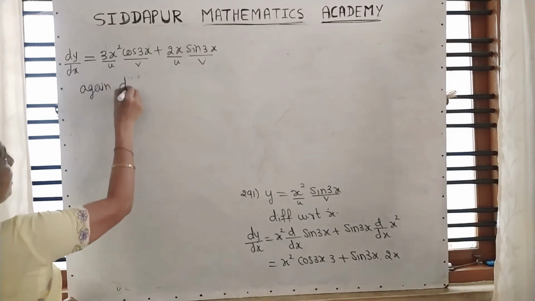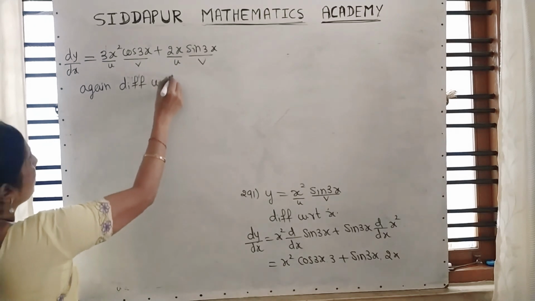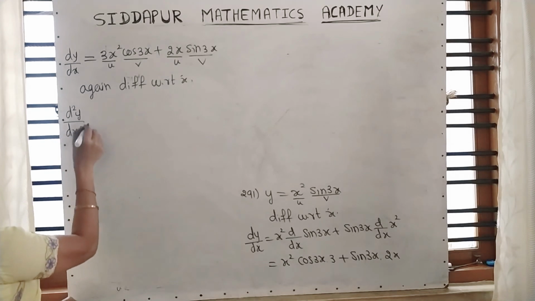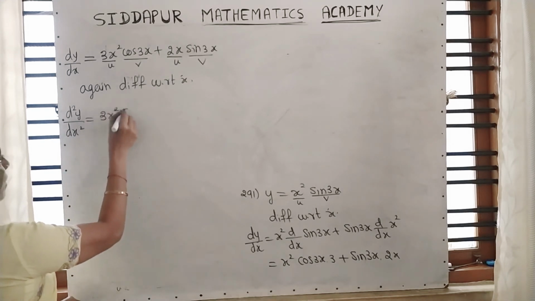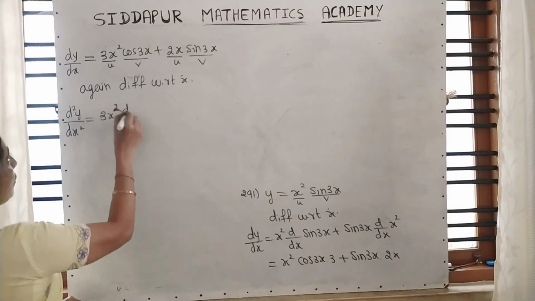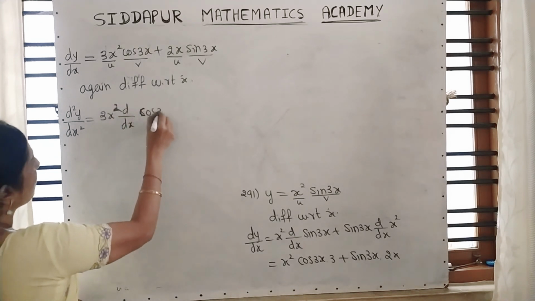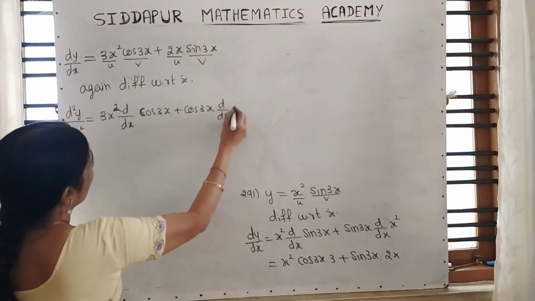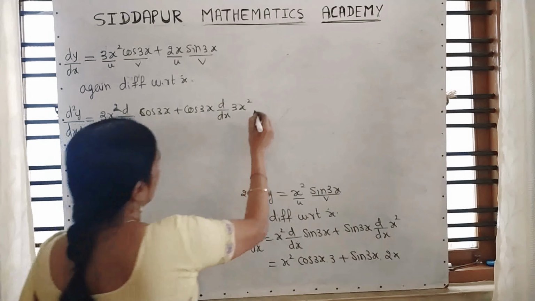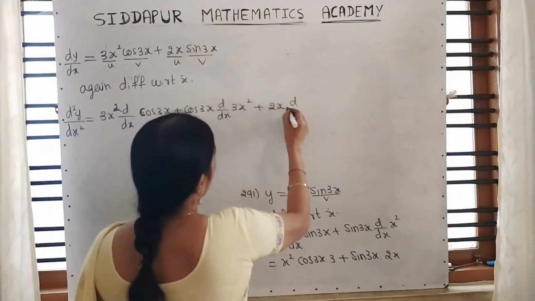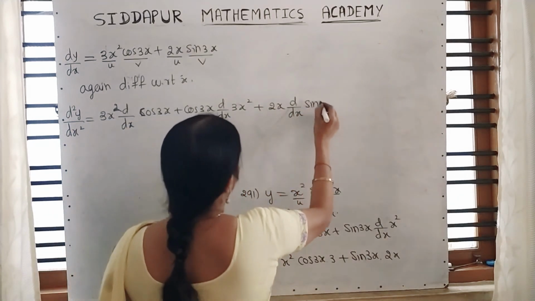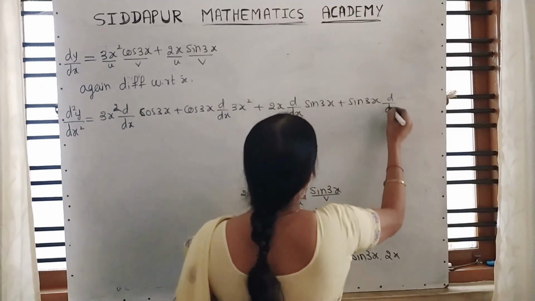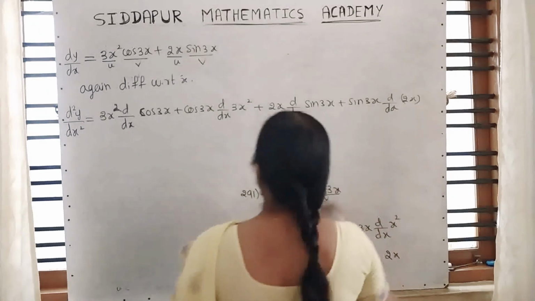Again differentiating with respect to x, d square y upon dx square is 3x square into differentiation of cos 3x plus cos 3x into differentiation of 3x square plus 2x into differentiation of sin 3x plus sin 3x into differentiation of 2x.